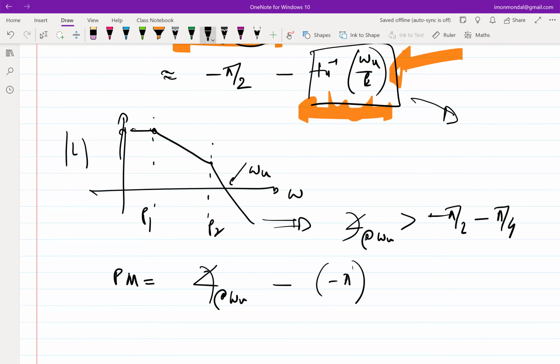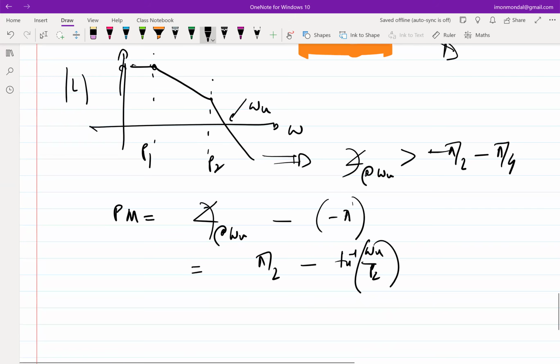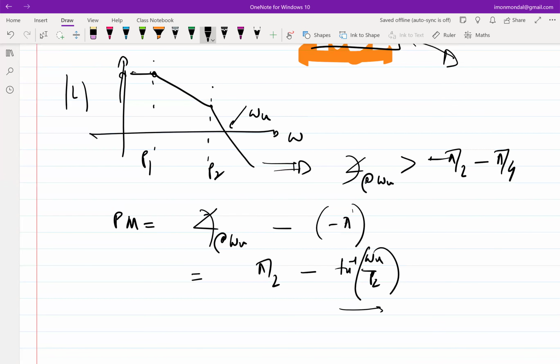So essentially this becomes pi by 2 minus tan inverse omega u by p2. So the whole game of stability in negative feedback system is to ensure that the second pole, or if you have additional poles, the phase lag due to the additional poles become as small as possible. Okay. Any questions?